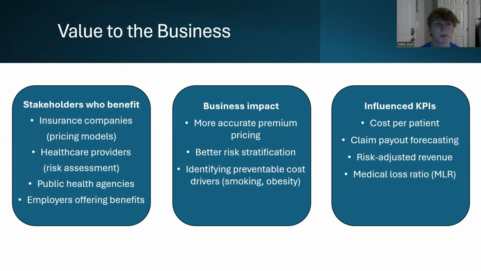The business impact is more accurate premium pricing, better risk stratification, and identifying preventable cost drivers, such as patients that smoke. And then the influenced KPIs: cost per patient, claim payout forecasting, risk adjusted revenue, and medical loss ratio. These are all important factors when determining how much a patient should pay for insurance.